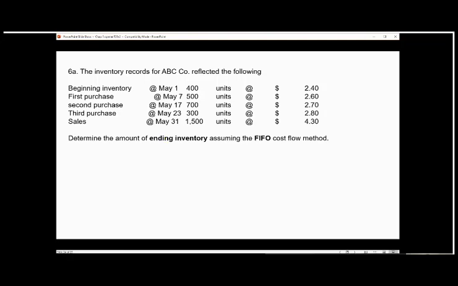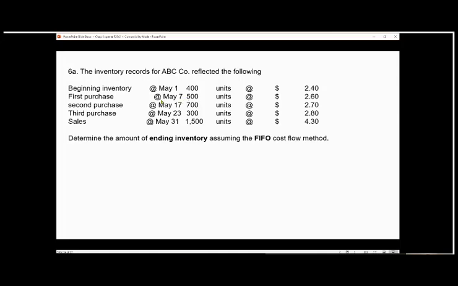So if we sold 1,500 units under FIFO, how many of these units on May the 1st did we sell? All of them. We sold all of them. How many May 7th units did we sell? All of them.